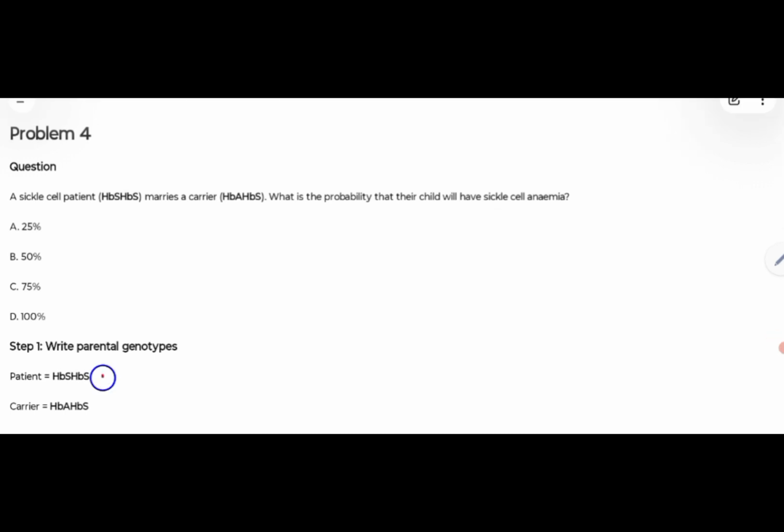And the next question: a sickle cell patient, HBS-HBS, marries a carrier, HBA-HBS. What is the probability of sickle cell anemic children? The first step is the parental genotype. One is a patient, HBS-HBS, and the other is a carrier, HBA-HBS.